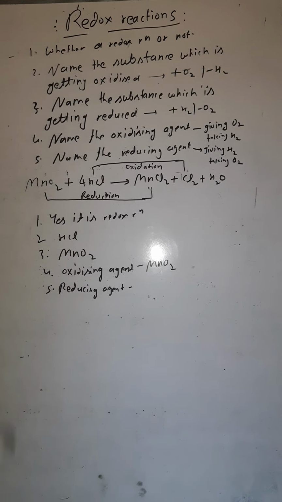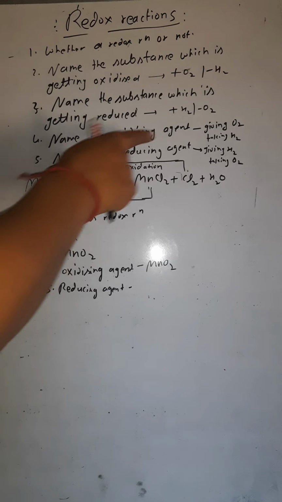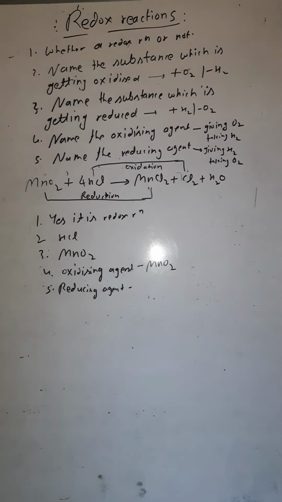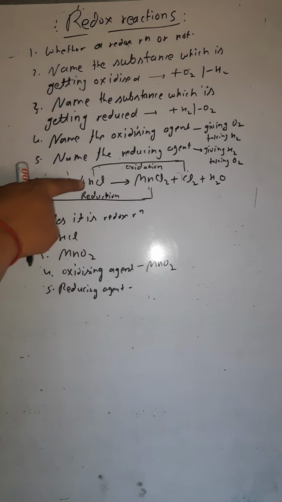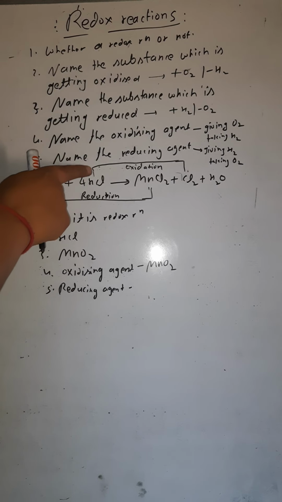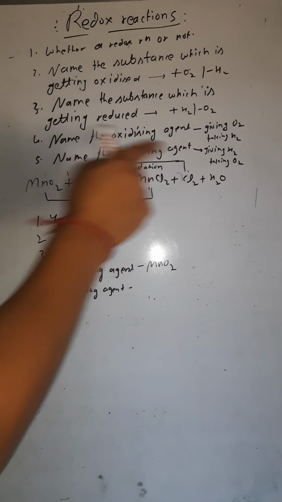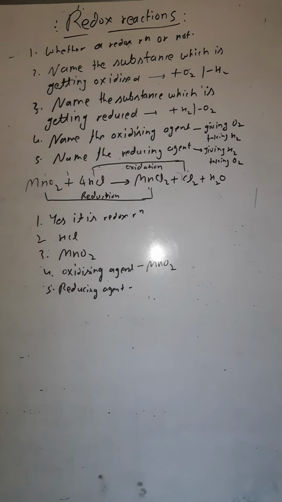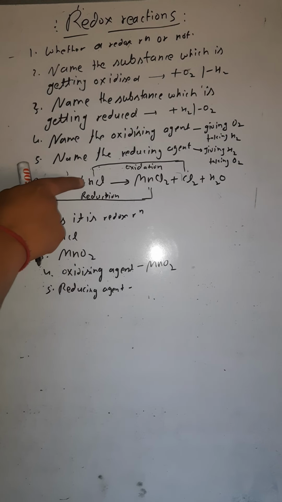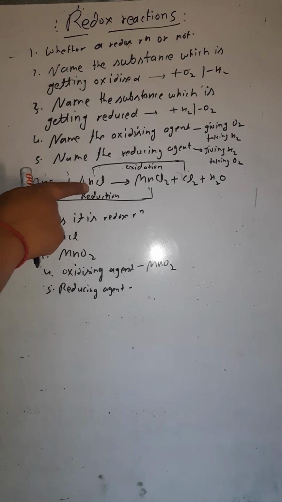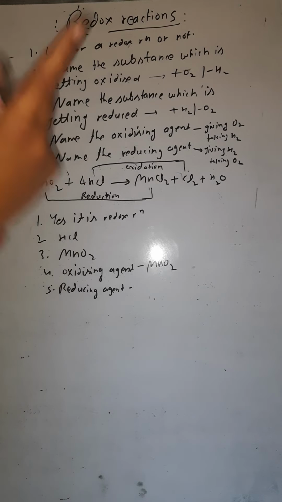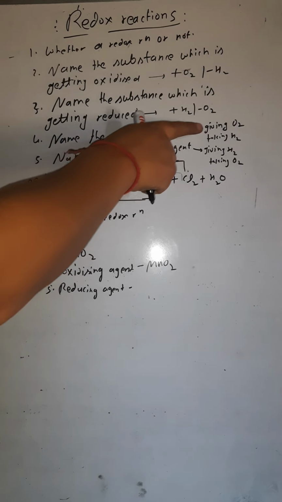Reducing agent means which is giving hydrogen or taking oxygen. So this is giving hydrogen. Look here, this is giving hydrogen and also taking oxygen. After taking oxygen from here, this H2 is becoming H2O. So which one is taking oxygen would be called the reducing agent.